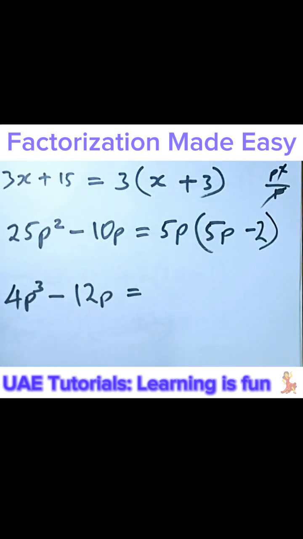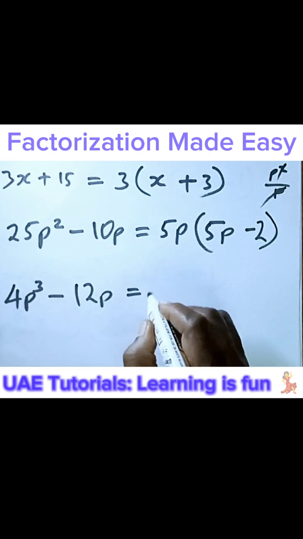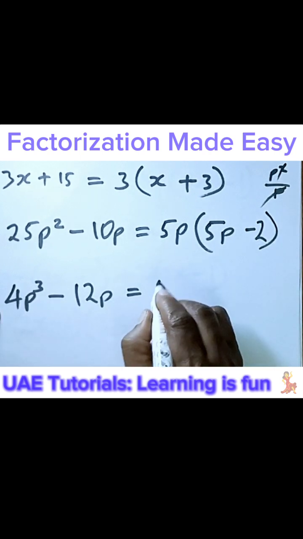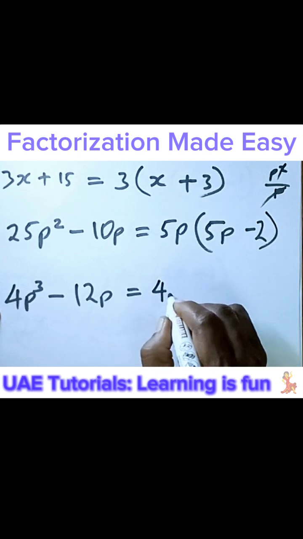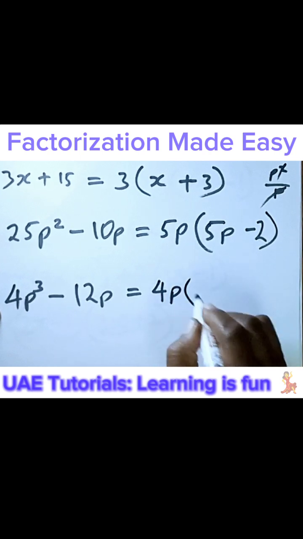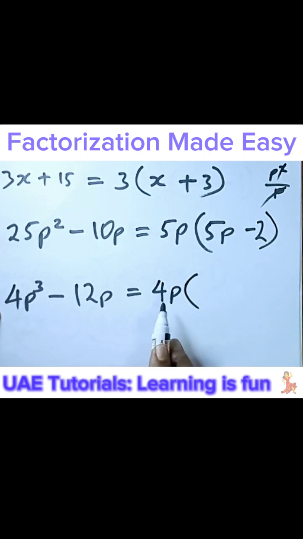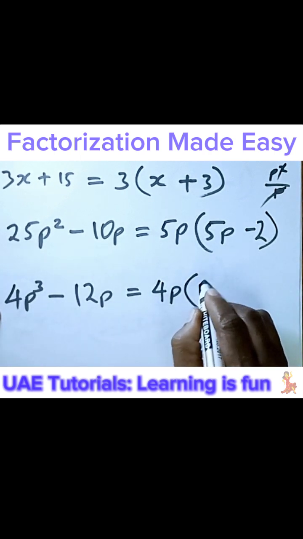All right, we'll have the last one here. What is common between 4p cubed and 12p? 4 is common to these two expressions. So I'll bring out 4. P is also common. I'll bring out p and then I'll open the bracket. 4p into 4p cubed, I'll have p squared.